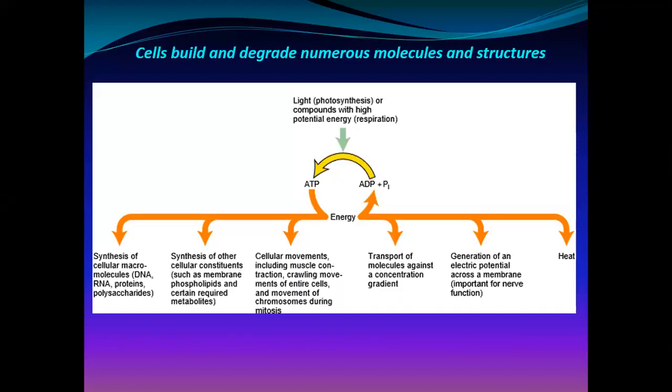Okay. So as I mentioned, cells build and degrade numerous molecules and structures, isn't it? Some of the reactions are synthetic reactions, and you need ATP. Some of the reactions are catabolic reactions. The ATP derived from the catabolic reactions is utilized in the synthesis of macromolecules from smaller molecules, right?